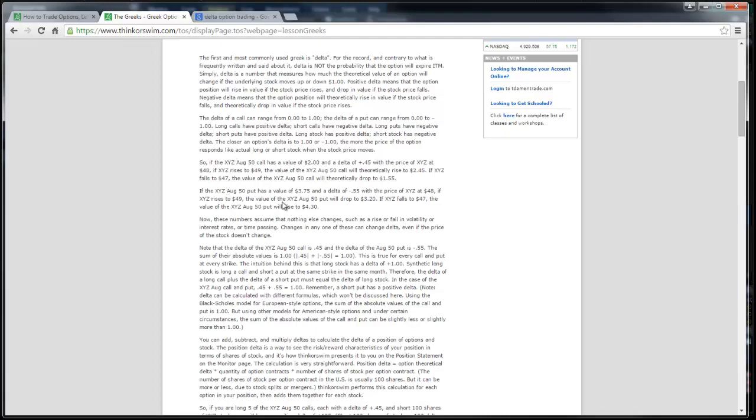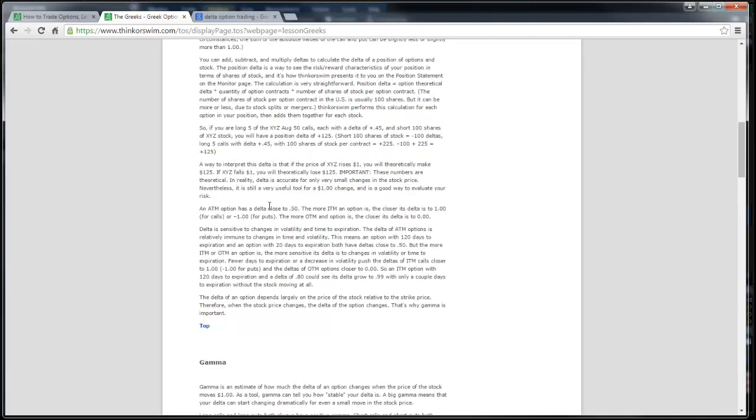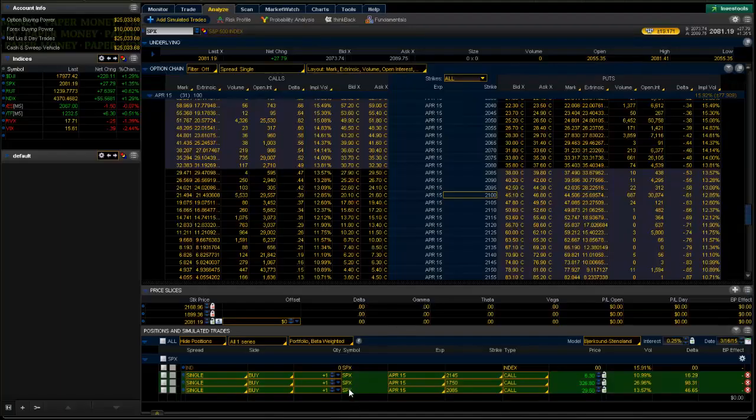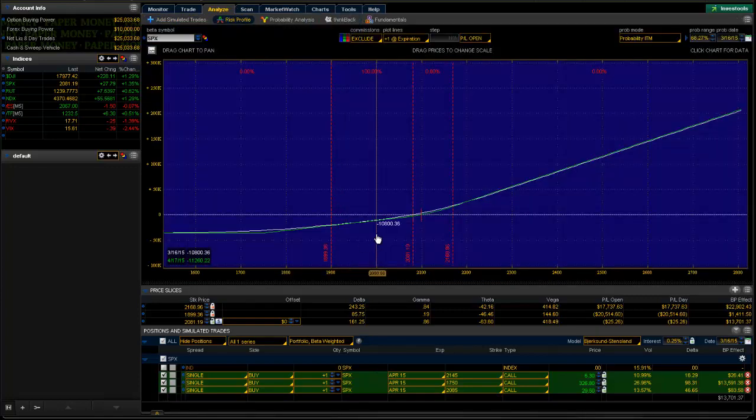The takeaway point for this right here is delta means price. And when you start to understand how important that is, then you can see if I want to get really super long delta, or if I want to make a directional trade and I am convinced, and my bias is to the long side, well then I absolutely have to make sure that I have a positive delta position.